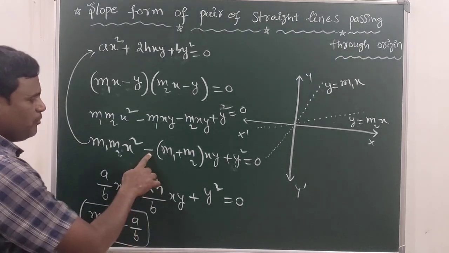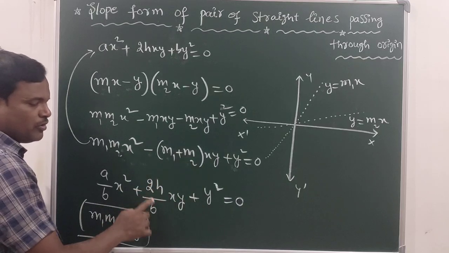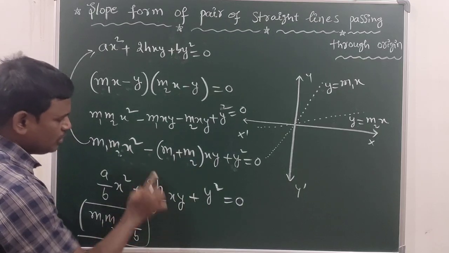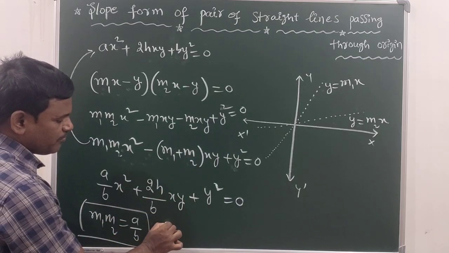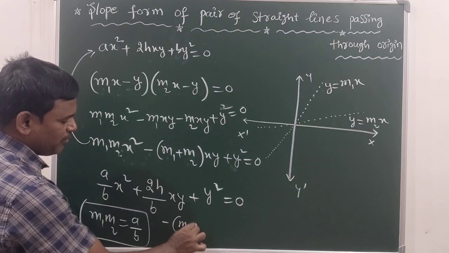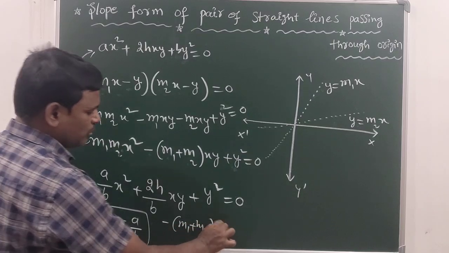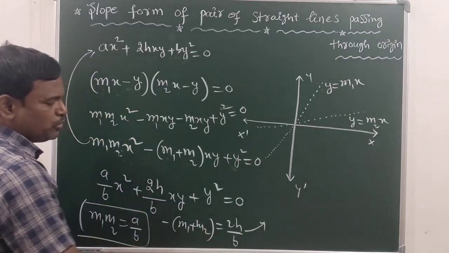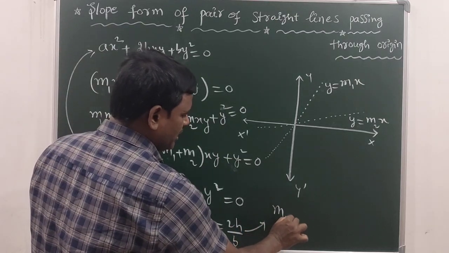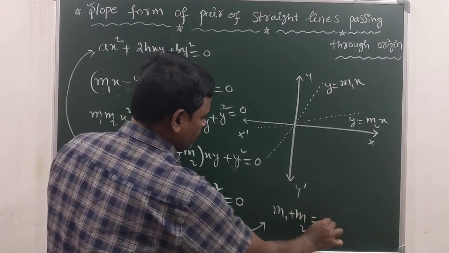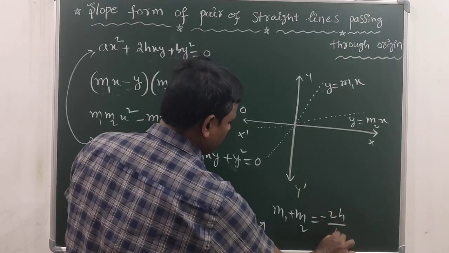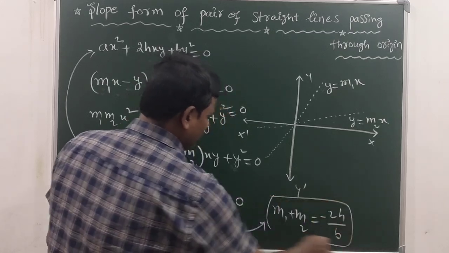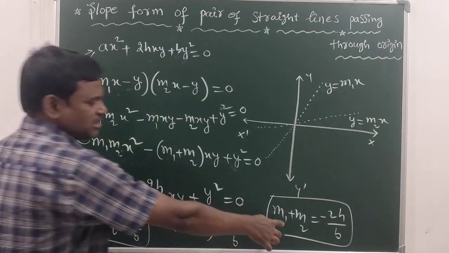So in the place of minus of m1 plus m2, 2h by b is there. So see here, minus of m1 plus m2, which is equal to 2h by b. If you multiply both sides with minus, you will get m1 plus m2, which is equal to minus 2h by b.